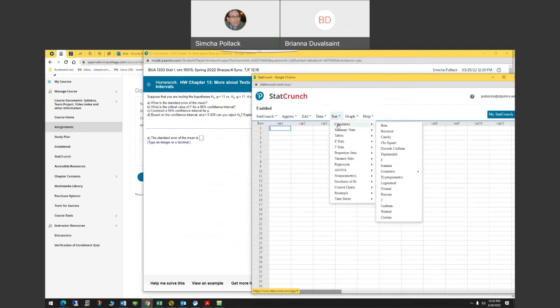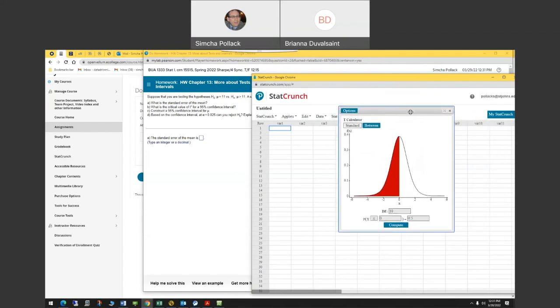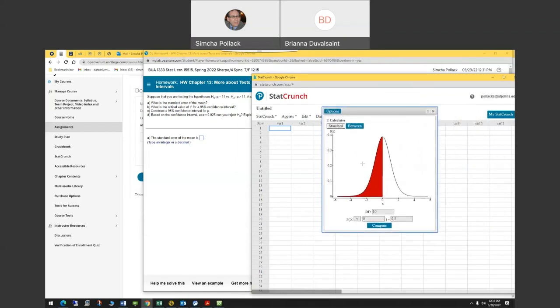Usually you look it up in a table, but using StatCrunch, you go to Calculator, and you move down to the T, because we're dealing with a T problem. And then you get the following picture. And here's where knowledge is helpful. To get the T, you need to know two things. You need to know that it's a T, and you know that because it gives you the sample standard deviation, which is very common. Secondly, for T, you need the degrees of freedom. DF stands for degrees of freedom, which is always the sample size minus 1, at least in chapter 13. So it's 24.